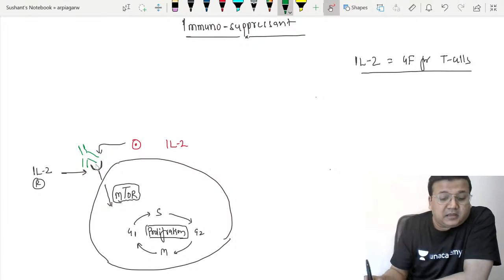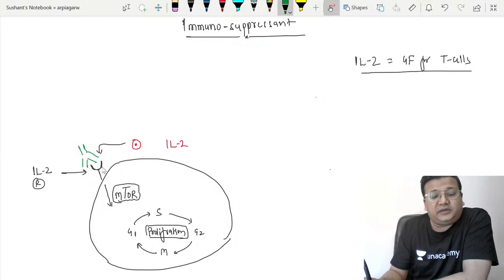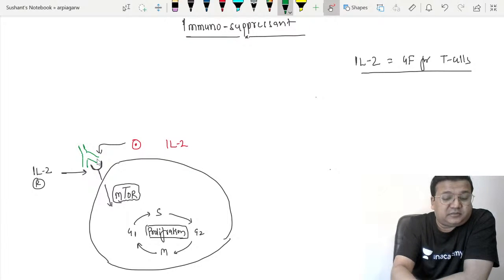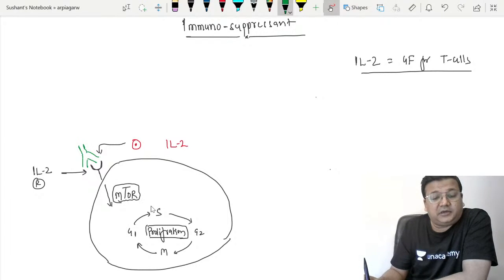Can you name in the chat box the antibodies against the interleukin 2 receptor? Which antibodies come to your mind when you talk of interleukin 2 receptor blockers?